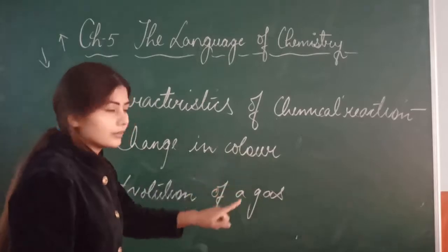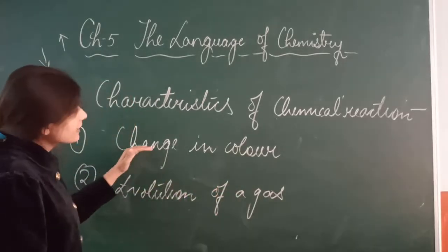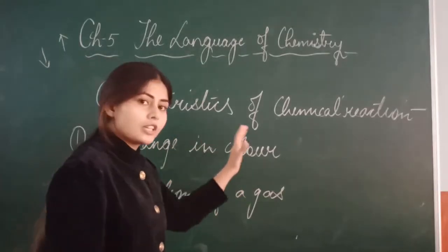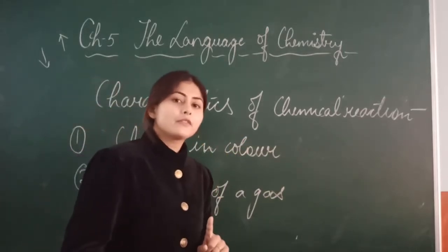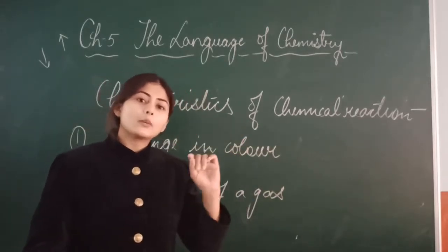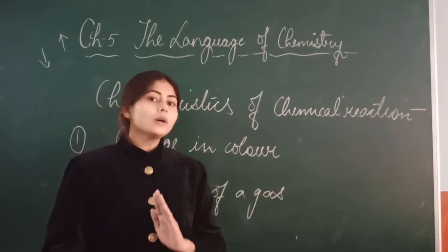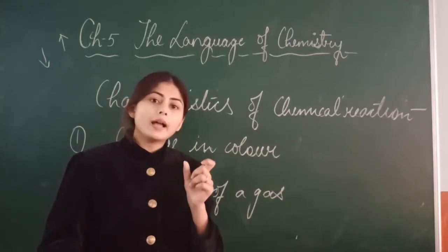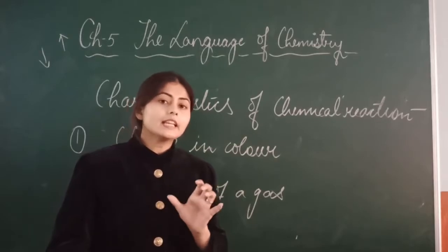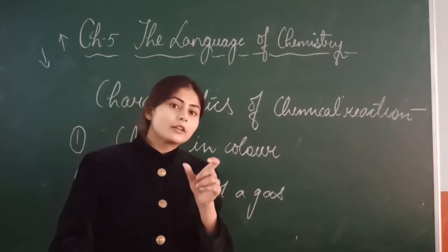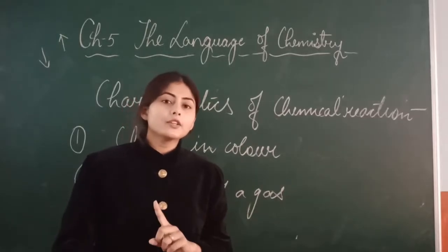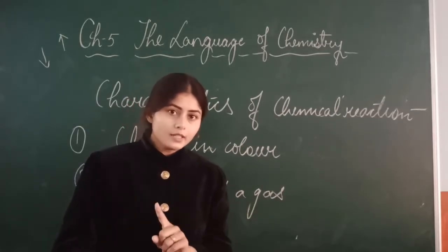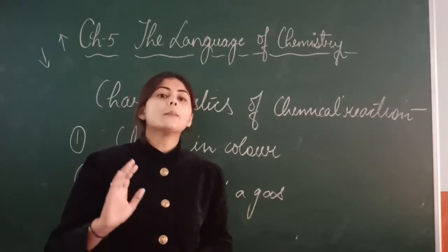Change in color, right? From reactant to the product, if color changes, that is the change in color. Example I have given you is copper carbonate. Copper carbonate is green in color. If you heat the copper carbonate, what will you get? Copper oxide, CuO, plus carbon dioxide.